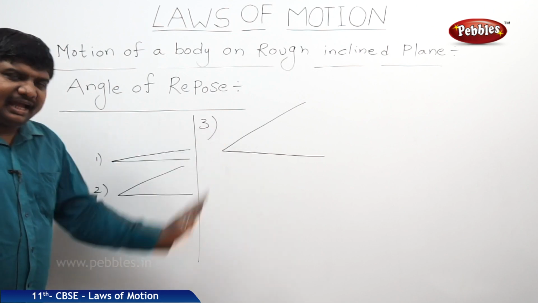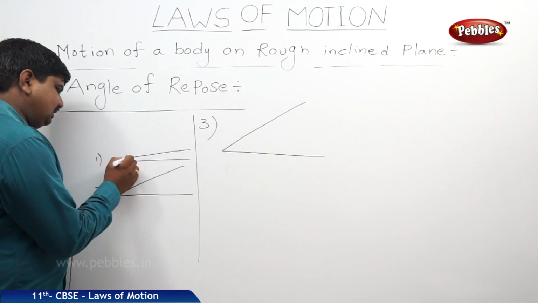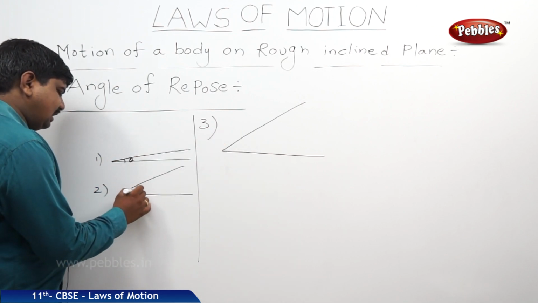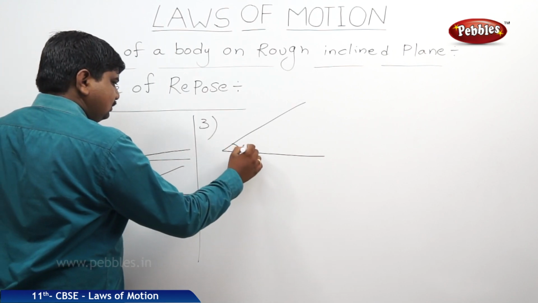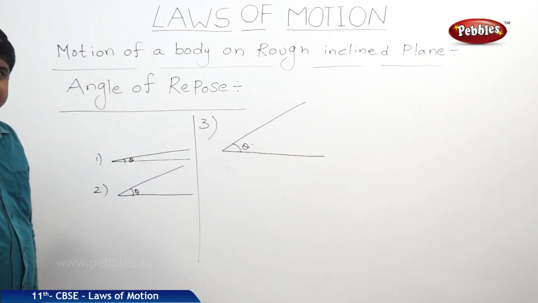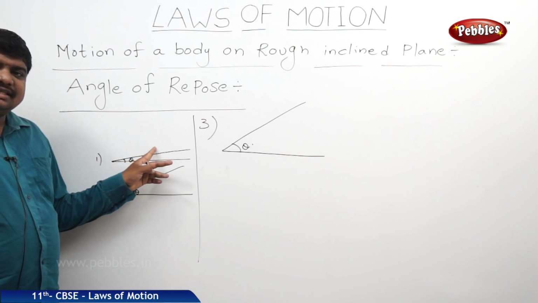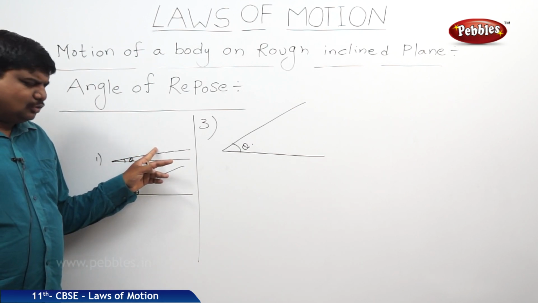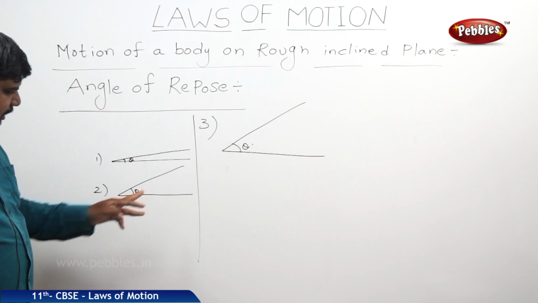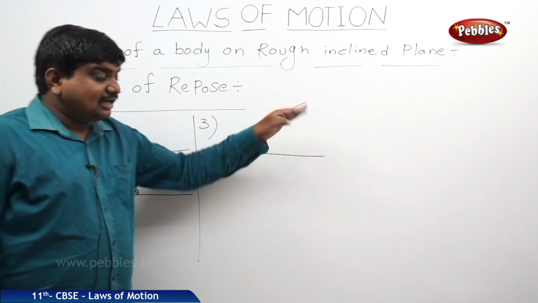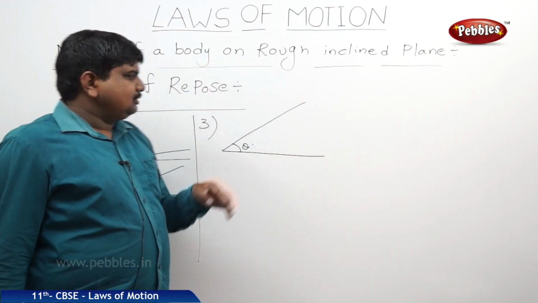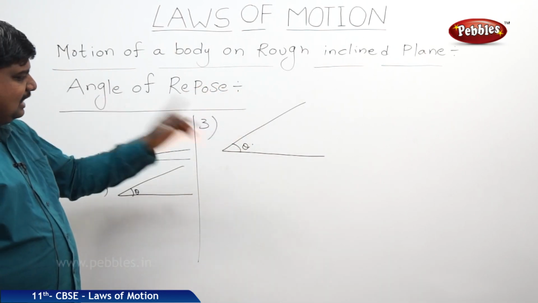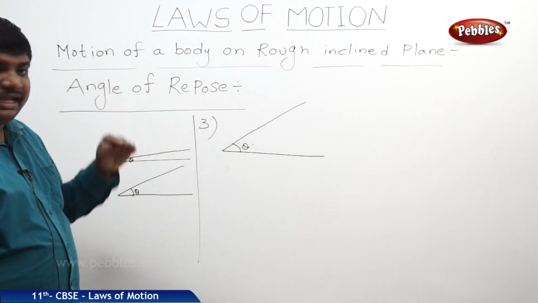If you see these three diagrams, automatically you can see the variation in the angle. On this body, sliding of the object is not at all possible. Here sliding is possible and here sliding is maximum. So what is the relation between these three diagrams and the angle of repose?